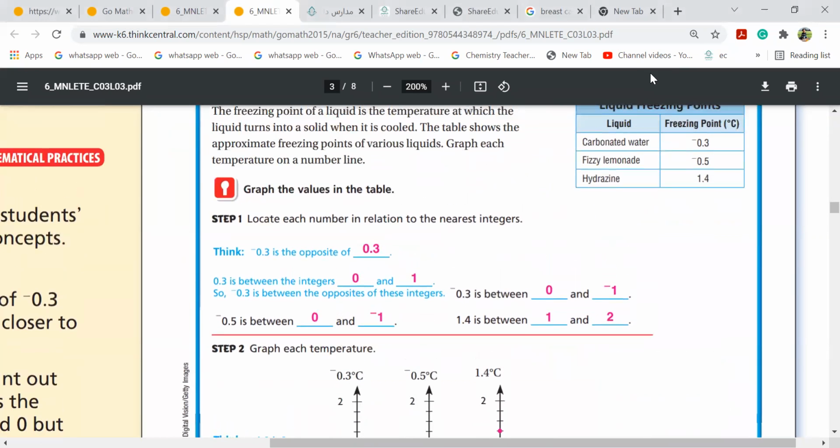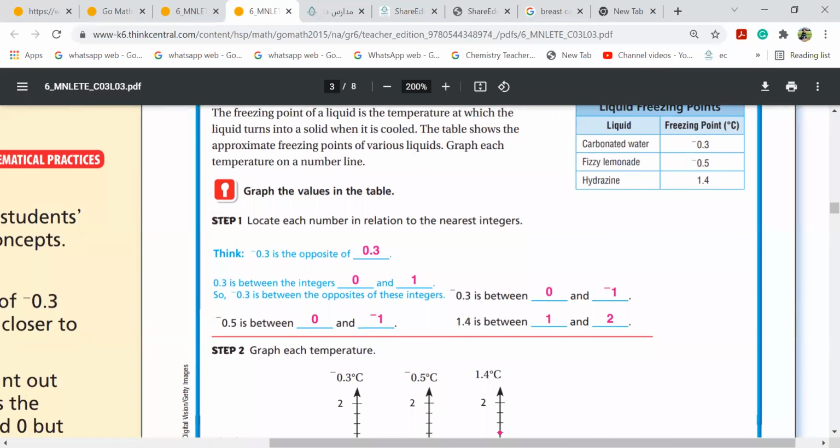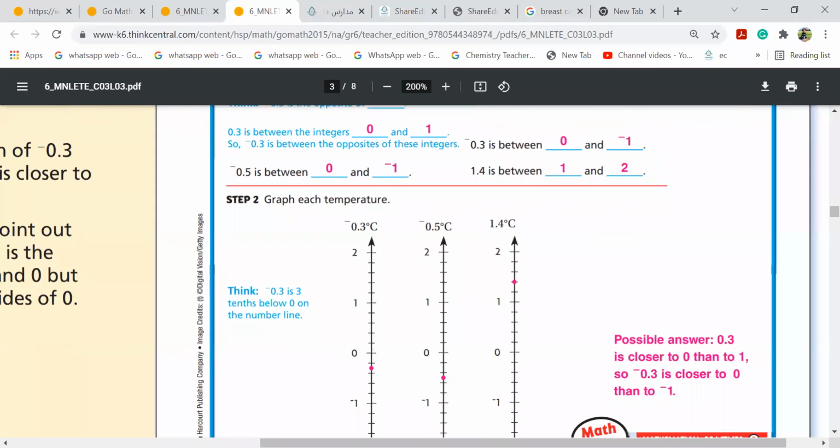Where is 0.3? Minus 0.3 is opposite to 0.3. If I ask you, what is opposite to minus 0.3? Yes, 0.3.